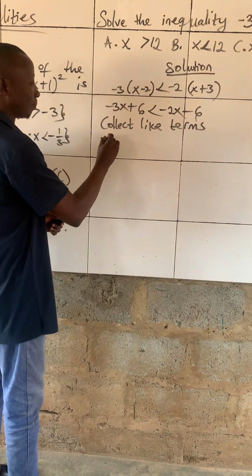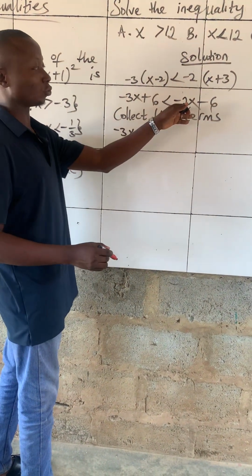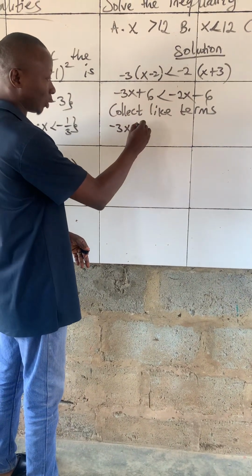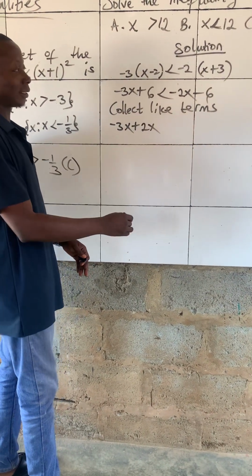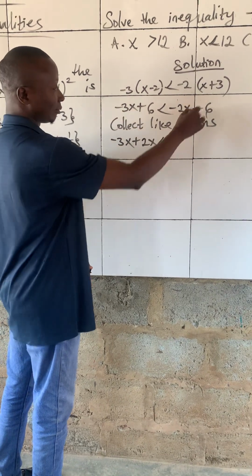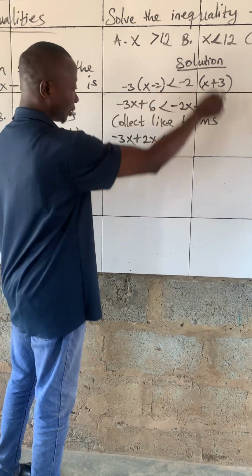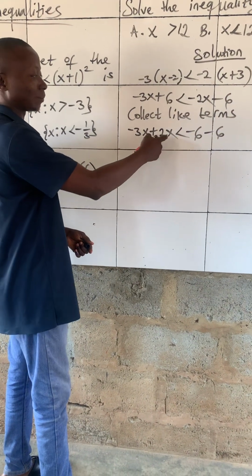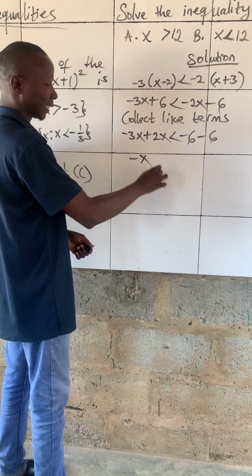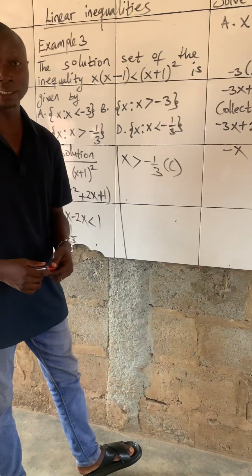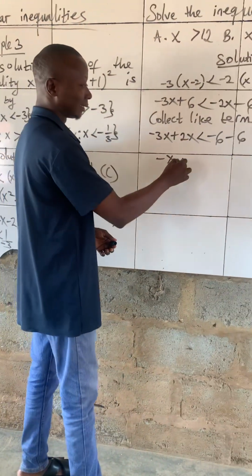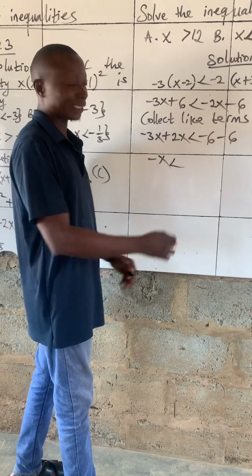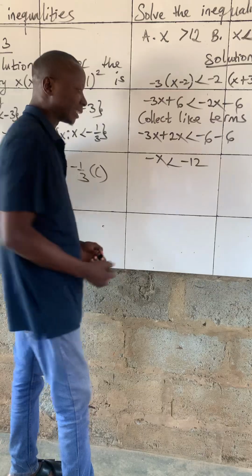So -2x to this side, crossing the inequality, becomes plus 2x. Less than, we have -6 there. Plus 6 to this side becomes -6. -3x plus 2x is -x. Then less than -6 - 6, that's -12.